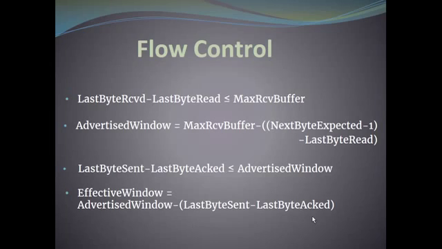The receiver acknowledges data as long as all the preceding bytes have arrived. TCP on the send side must then adhere to the advertised window it gets from the receiver. This means that at any given time it must ensure that LastByteSent minus LastByteAcked is less than or equal to AdvertisedWindow. The sender computes an effective window that limits how much data it can send.